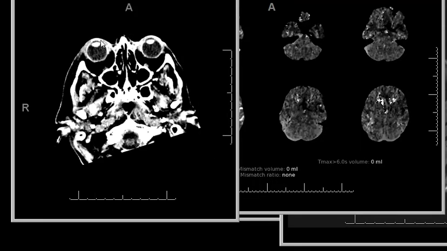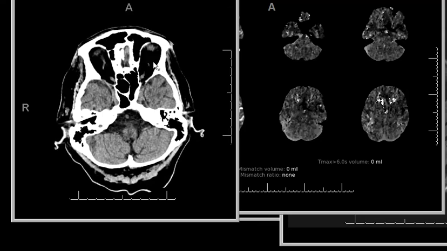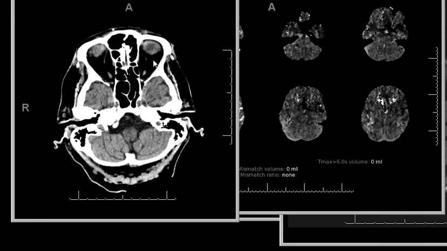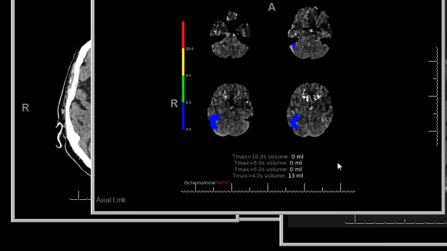Another case, 80-year-old with confusion. No blood clot in the circle of Willis vasculature. CT perfusion basically showed no dead core, and there is no perfusion abnormality, maybe a slight hypoperfusion in the posterior temporal lobe.